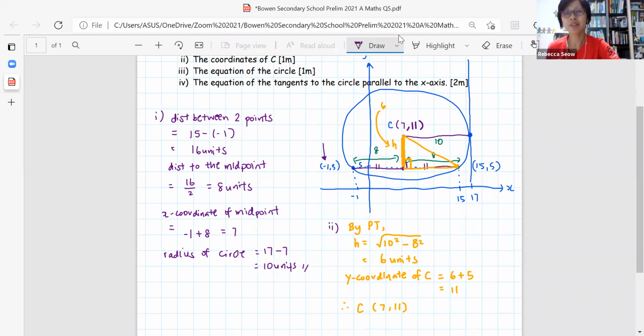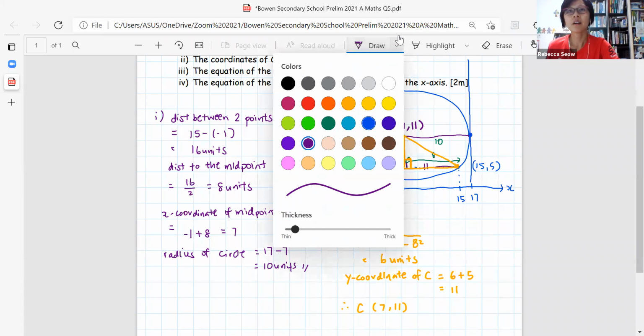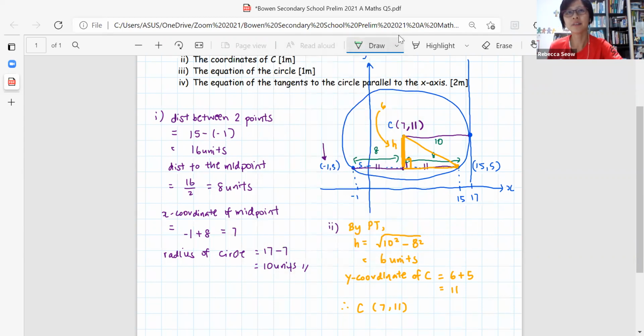Moving on to part 3. Perhaps I will use another color. The equation of the circle will be quite easy, because using the standard formula for the equation of a circle, you already have the x and y coordinates.